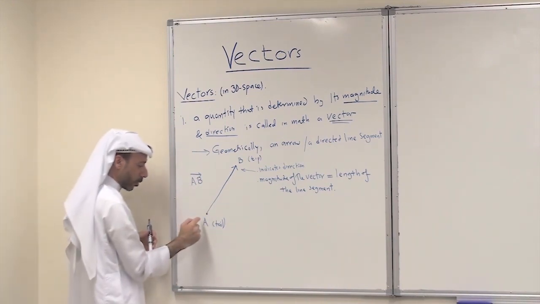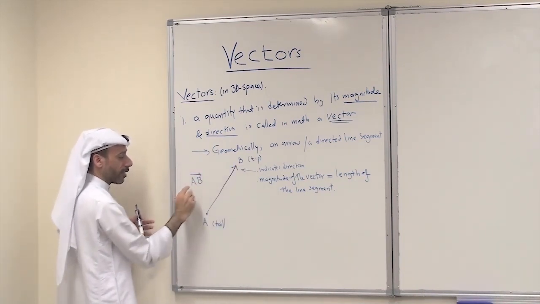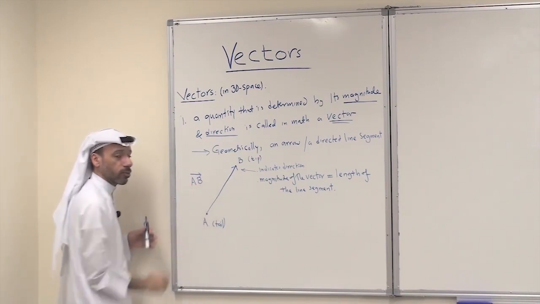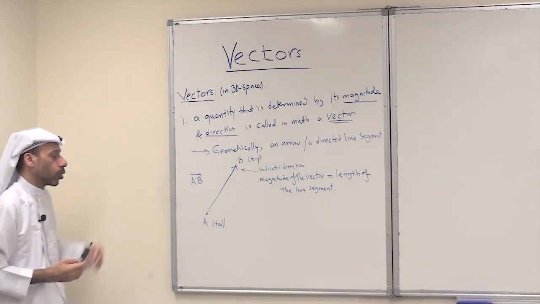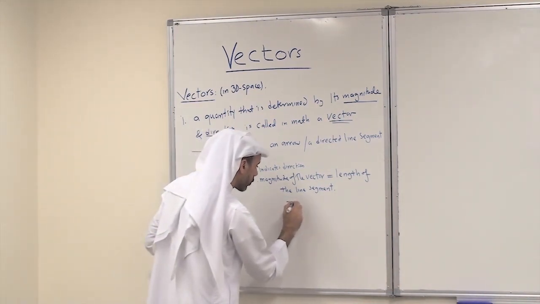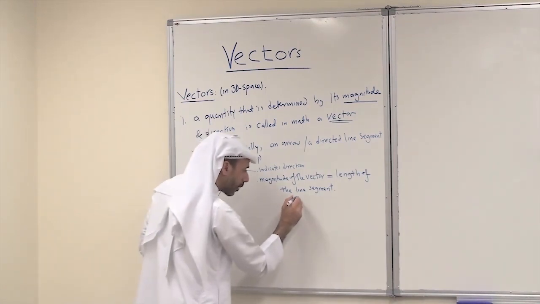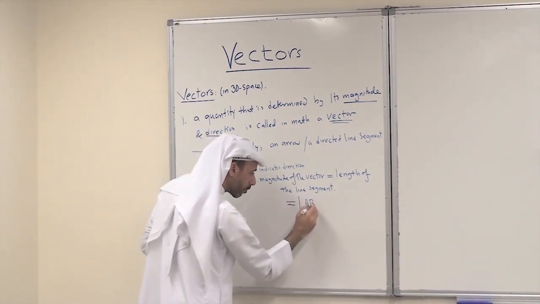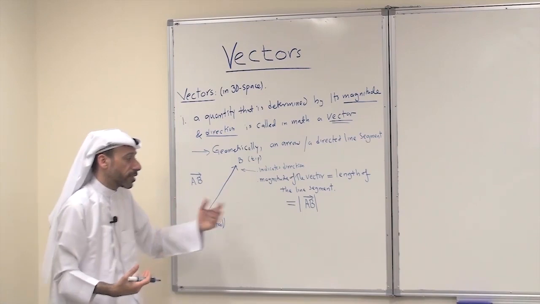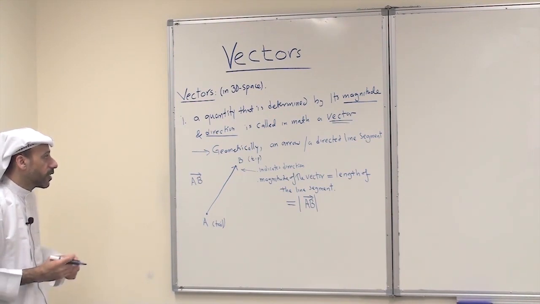A vector with tail A and tip B is written in this manner: AB with an arrow, and the arrow indicates the direction from A toward B. With this notation, the length or magnitude of the vector is denoted by the absolute value of the vector AB. So this is the first point.